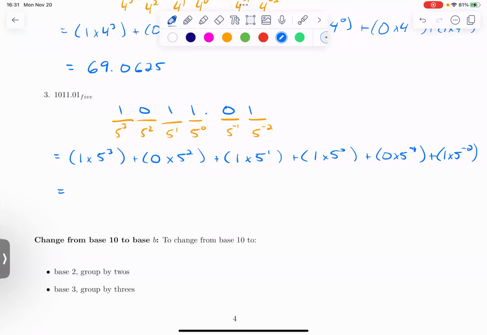Five to the power of 3. That's 75. Who knows?